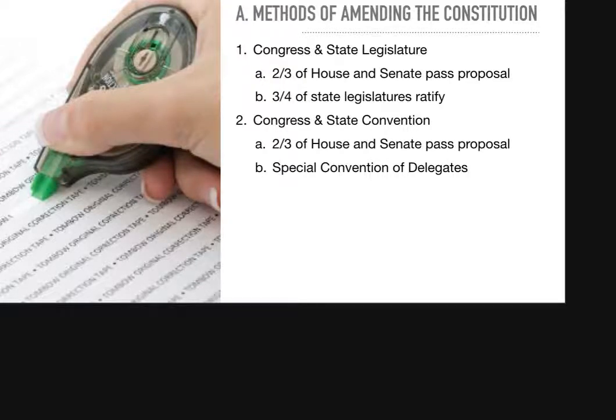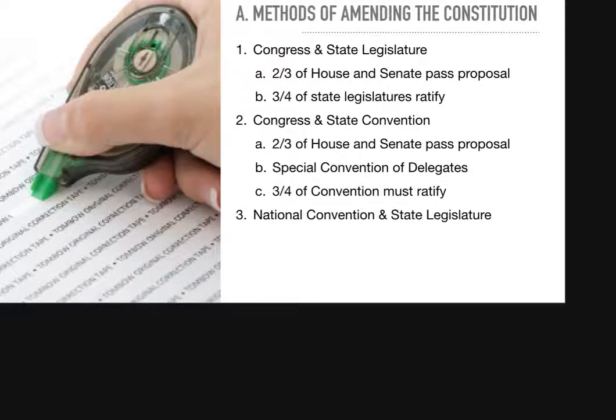There are two additional ways our Constitution allows for the amendment process to happen, and because these other two have never been used, I'll let you dig on your own if you want to. I am not going to be real concerned that you are very knowledgeable in these other two methods. You can do a national convention along with the state legislature, so it's kind of flip-flopping option 2 here.